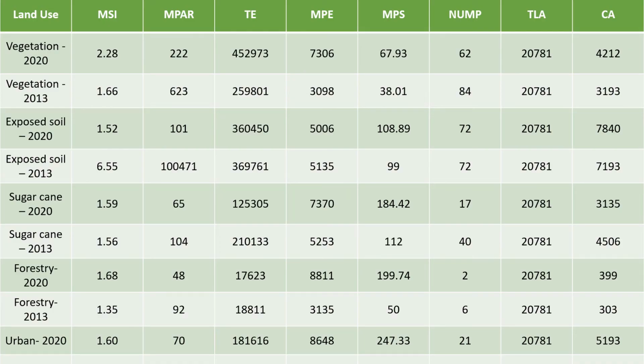And here we have the same results from the metrics, but now for each class. And just to remember why it's important to analyze the landscape as a whole and the classes separately.